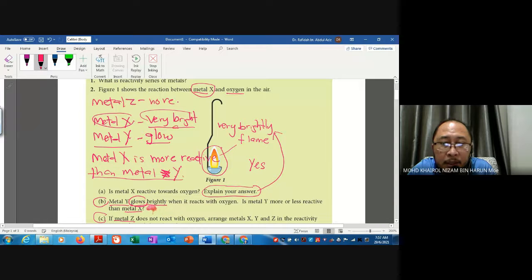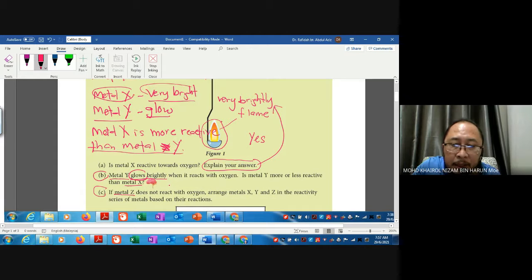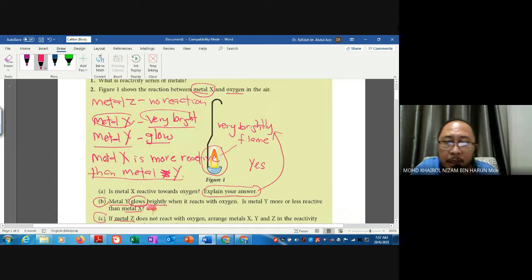Based on this, we can arrange the reactivity series of these metals based on their reaction. The upper position is more reactive. So we can arrange X, Y, and Z.